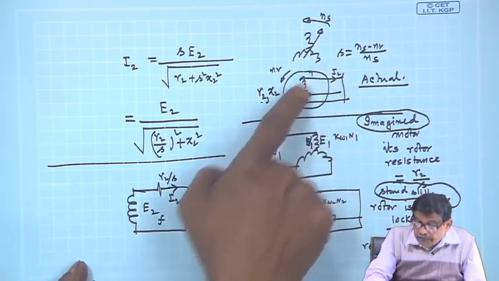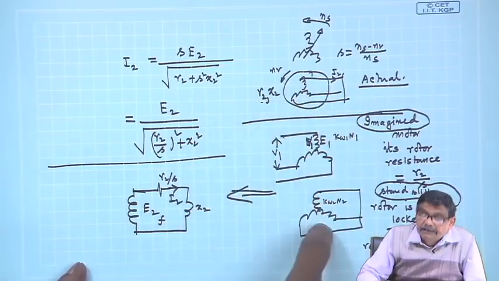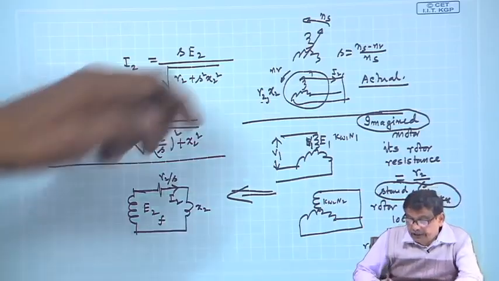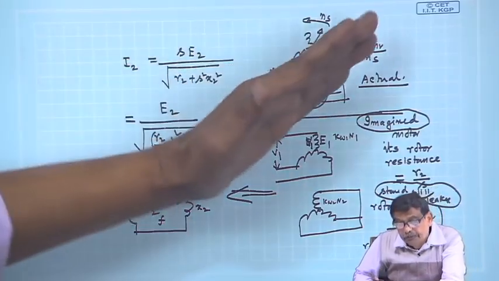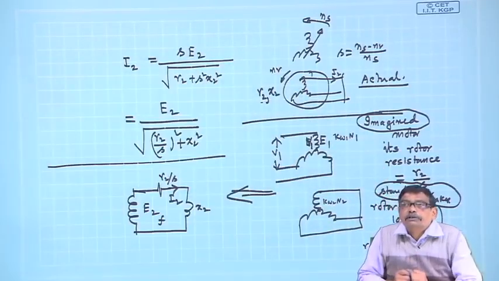So the rotor field produced by this machine and this machine will be of equal strength, and with respect to the stator, this field is moving at synchronous speed and this field is also moving at synchronous speed.